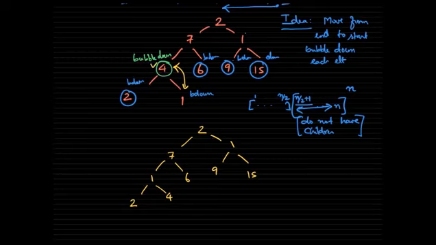Now let me bubble down 1. 1 is in the right relation with its children, so nothing happens. Let me bubble down 7. If I bubble down 7, 7 gets replaced by one of its children. So in this case, 1 comes up here, 7 goes down here. And bubble down is recursive because 7 is still in the wrong relation with its children.